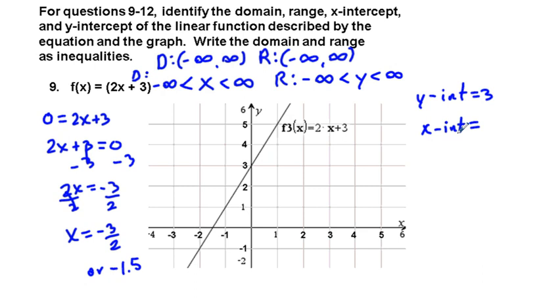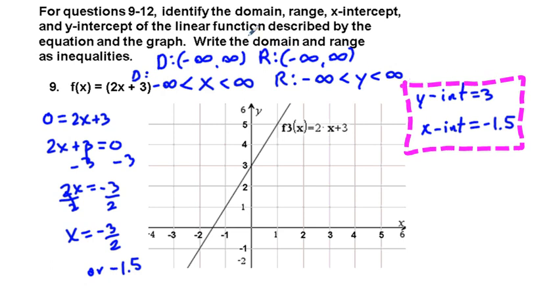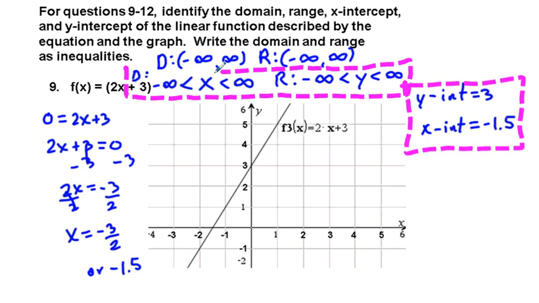So I'm going to write over here x-intercept equals negative 1.5. So those would be our y-intercept and x-intercept. And then our domain and range would be these values here, boxed in, in inequality notation.